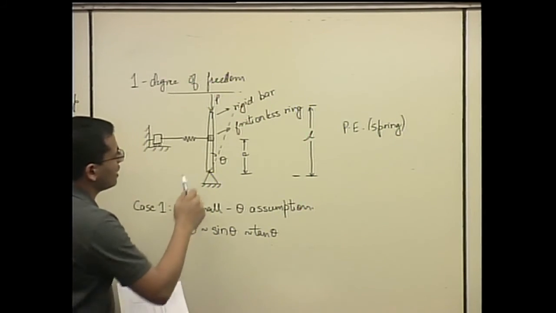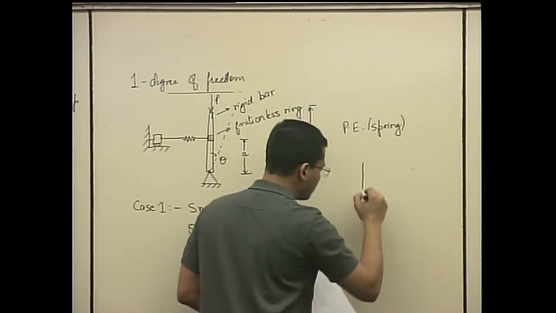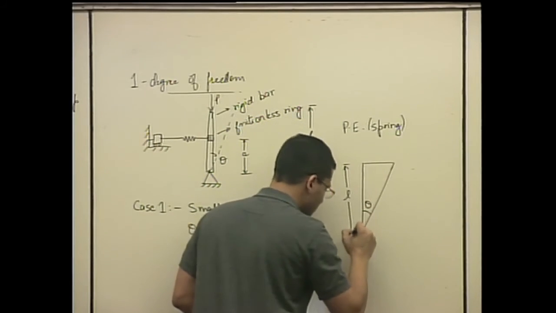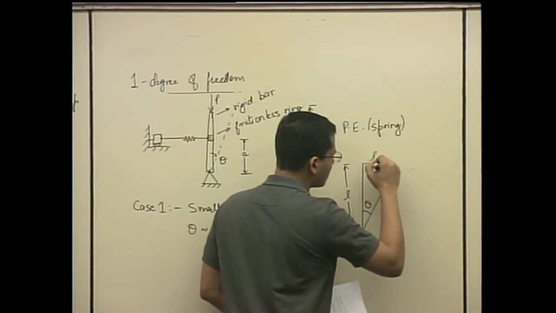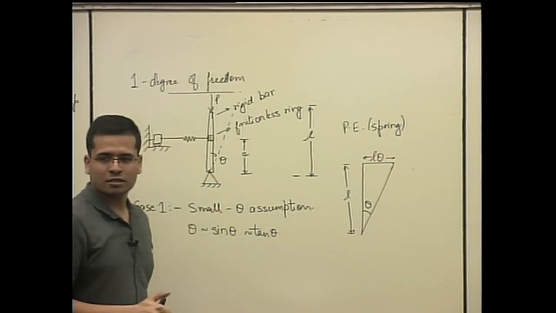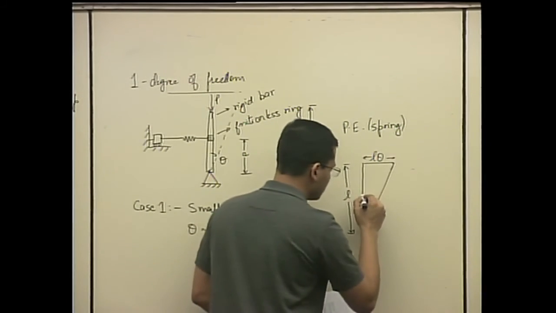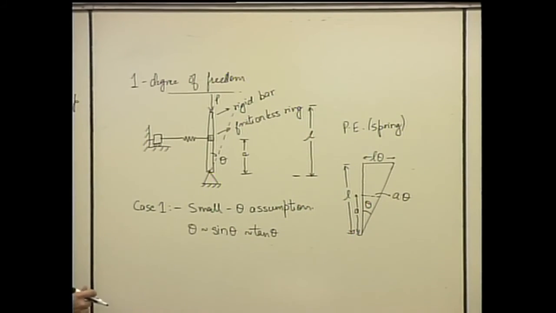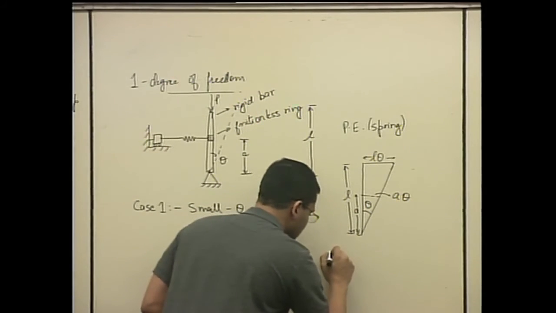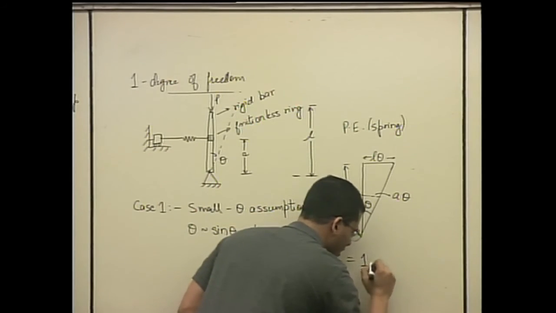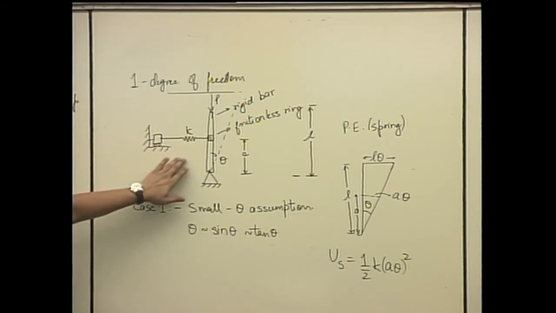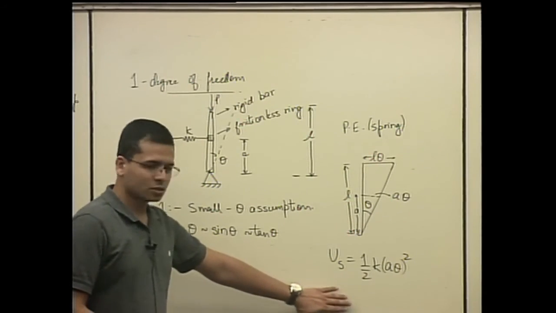If this is theta and my length is L, then if I redraw the system, this becomes L theta, small angle assumption, and this was my A, so this becomes A theta, right? So the potential energy for the spring is equal to half K A theta square, when the stiffness constant for the spring is K.